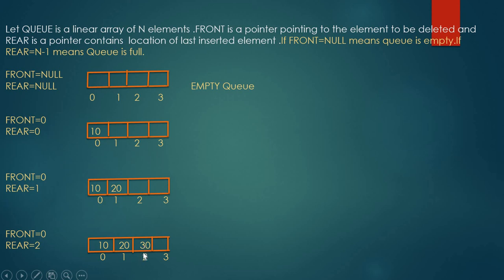In that Q of 2, we insert this 30. So both pointers change only in the case of the first element. In other cases, we change only rear. What is the change? Rear is incremented by 1. And at that rear pointer, we can insert the element.